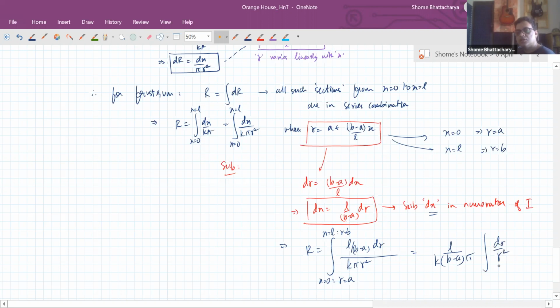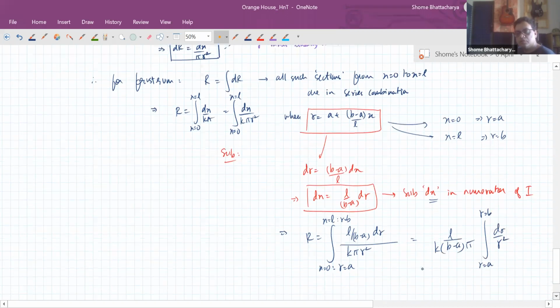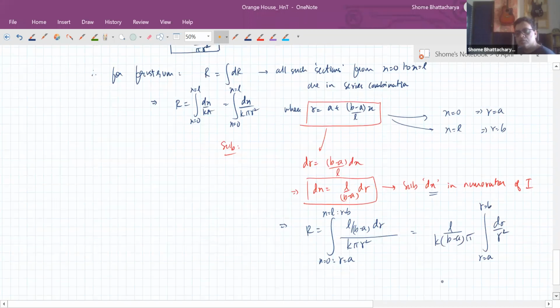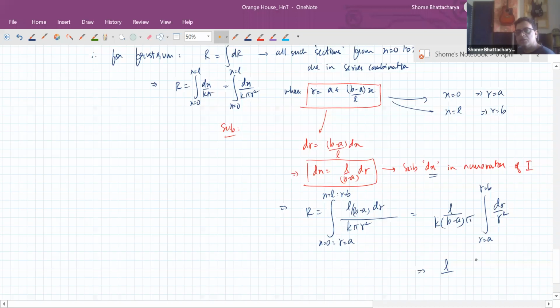So dr by r square. That now becomes a very simple integration. Minus 1 by r from r equal to a to r equal to b.